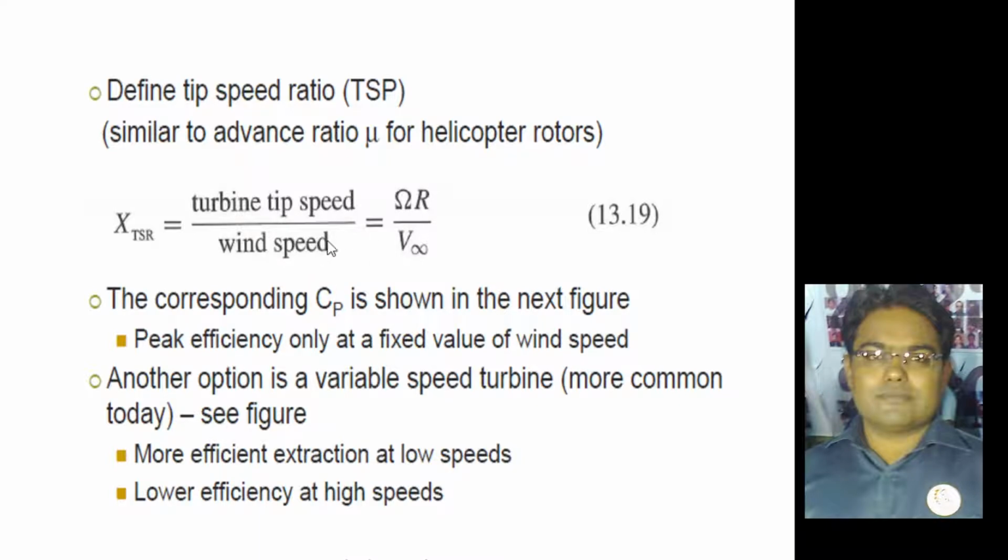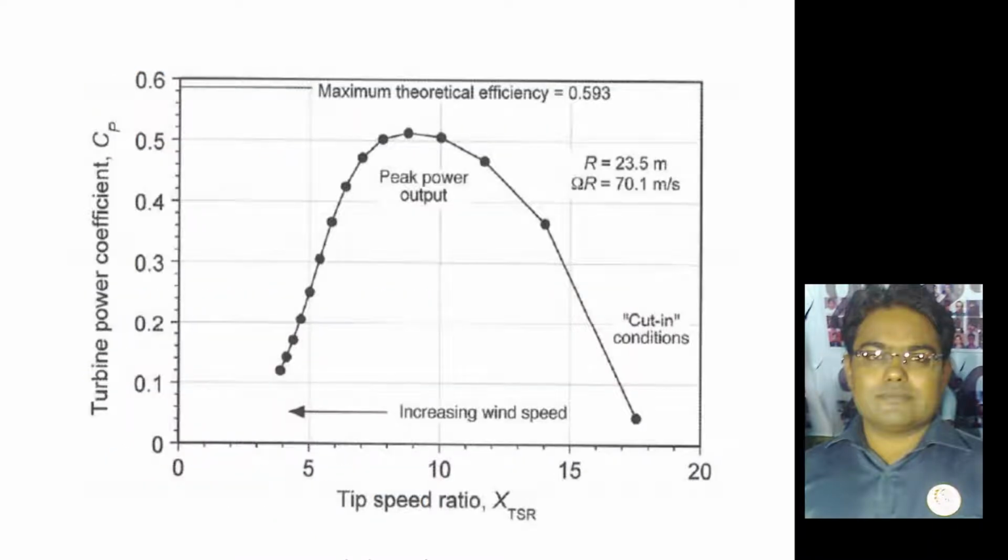Corresponding to this ratio, the CP is shown in the next figure, and based on that, the peak efficiency is defined: how effectively we can convert the wind energy to the electrical output. So this is the turbine power coefficient, CP versus tip speed ratio.